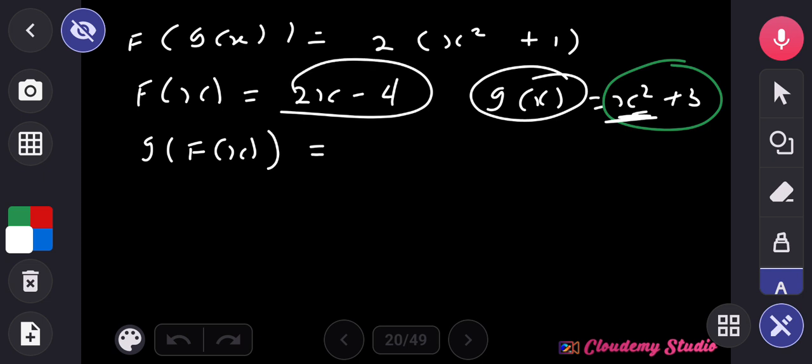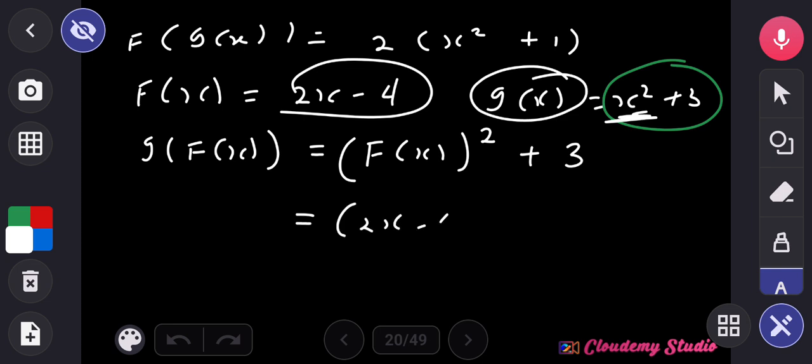It's now going to be f of x, then you are going to square it, plus 3. And what's our f of x? Our f of x is 2x minus 4. So that is 2x minus 4, then square it, plus 3.